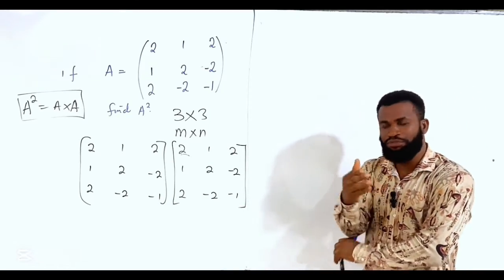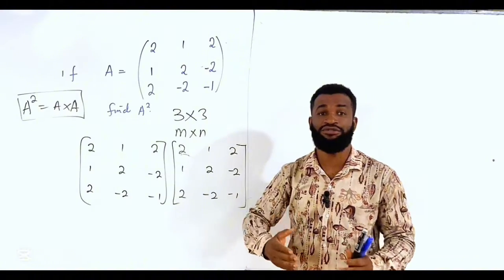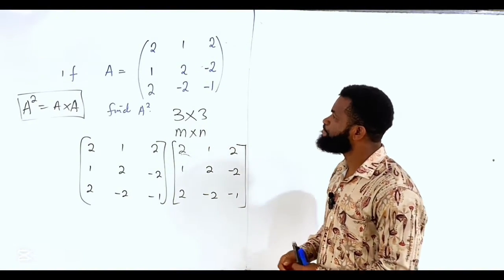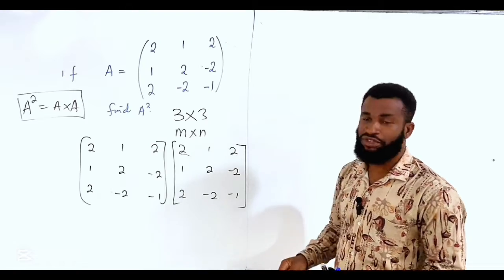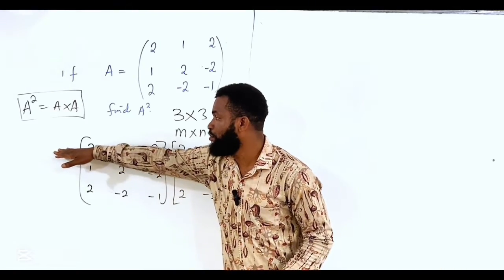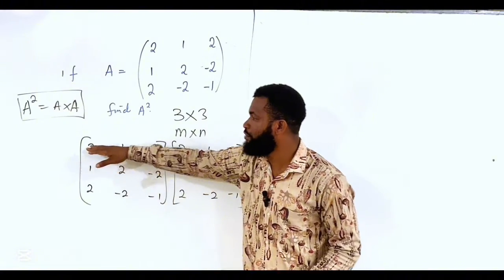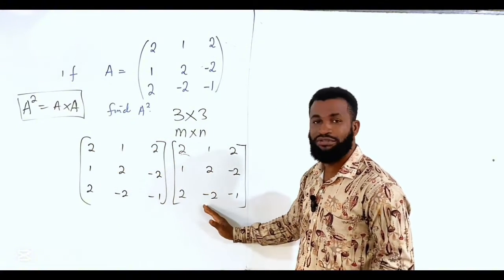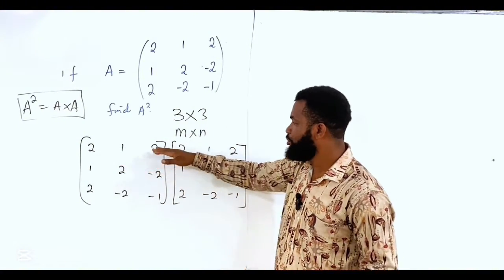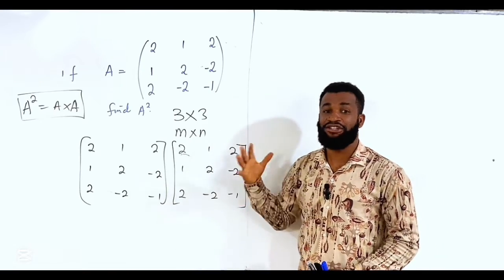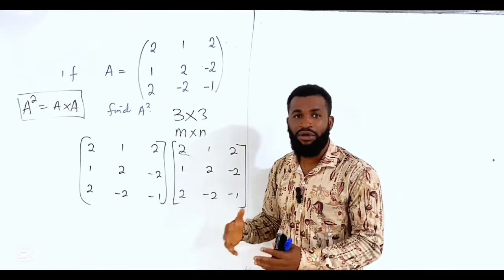Now the question is, how do we carry out multiplication in matrices? I prefer to go row by column. The first row goes into the first column, the same row goes into the second column, and the same row goes into the third column. So we are going to have a 3 by 3 matrix as the answer. Why?